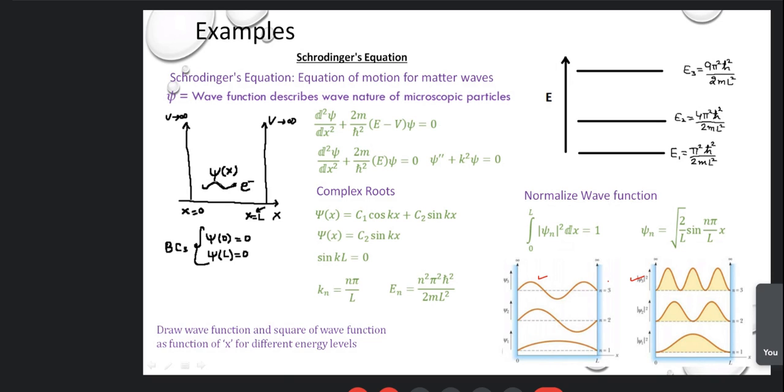Probability is never negative, it is 0 at these points. These are the points where we can say that the probability of finding the particle in these states is 0. The boundary condition is always satisfied. You can see my wave function is satisfying boundary conditions. The wave function is always 0 at the boundaries. It is like a standing wave here. Standing wave conditions, if you can see this.